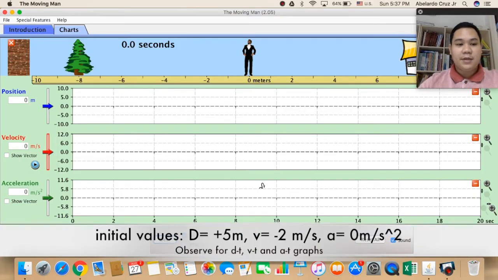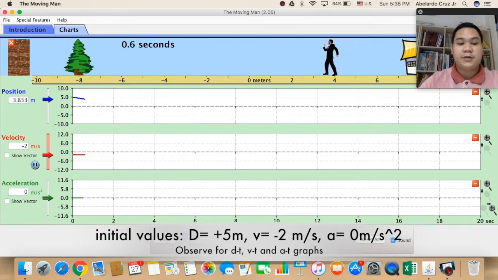Let's try to examine now if the man has still zero acceleration but negative velocity. So let's try to position that man at positive 5 meters. Then the velocity is at negative 2 meters per second. Take note that there is no acceleration yet.